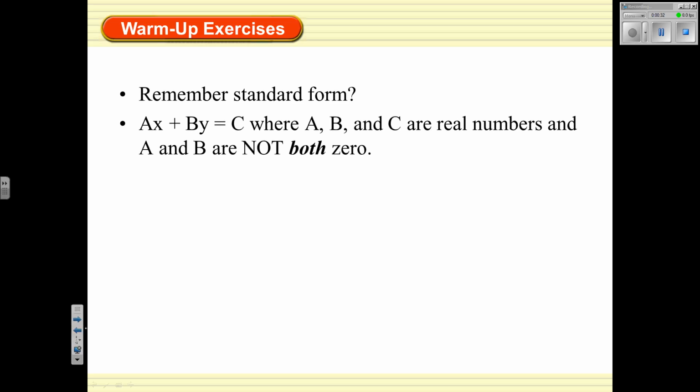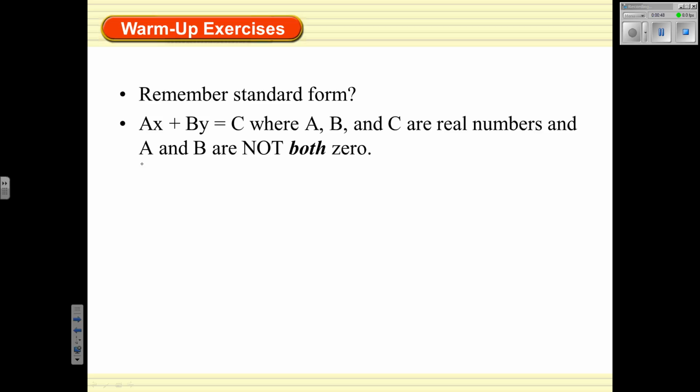It's ax plus by equals c, where a, b, and c are real numbers. That's why they're capitalized. And your a and b are not both 0. You can't have 0x and 0y. You would then just have a c.